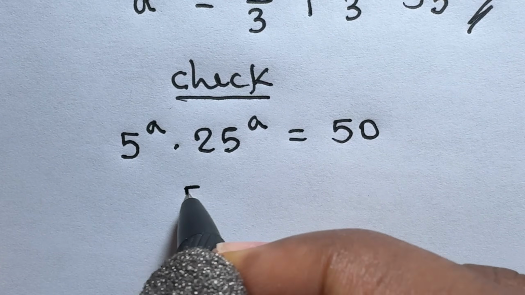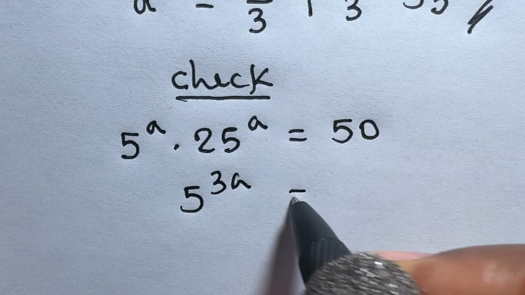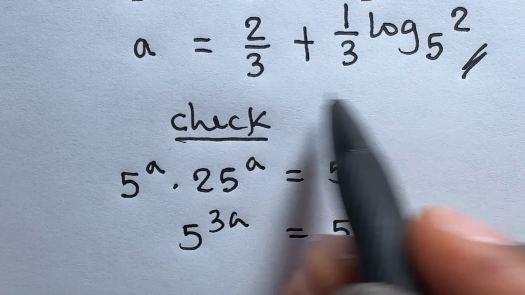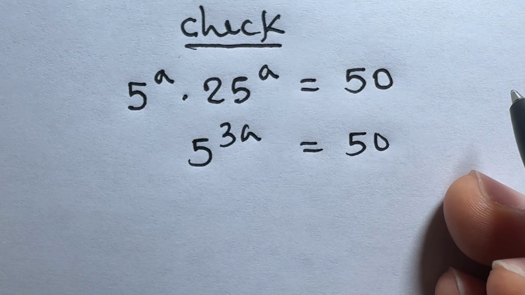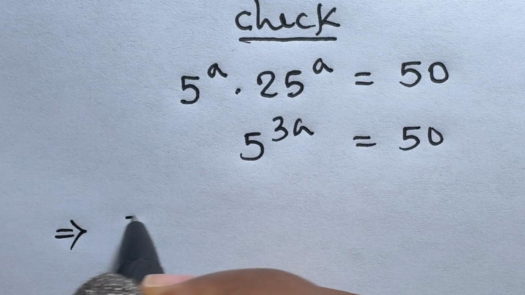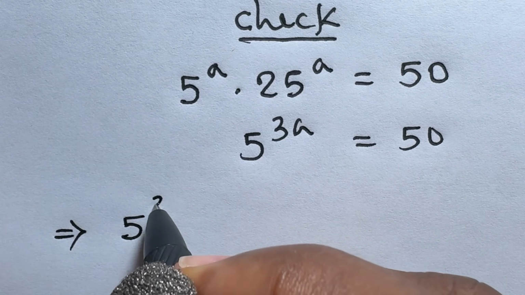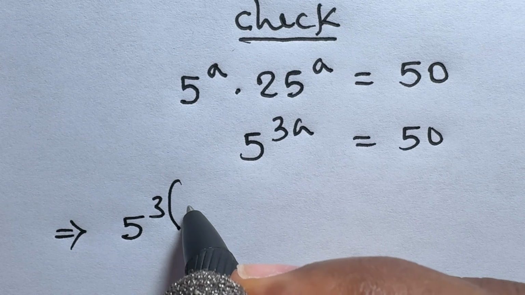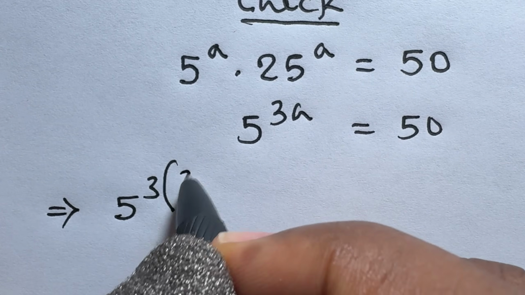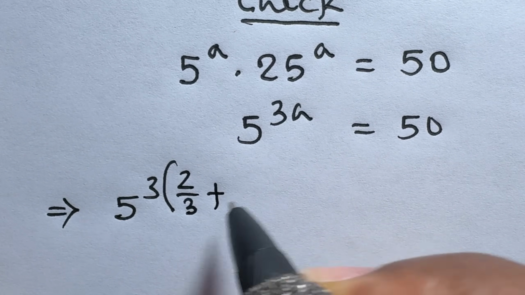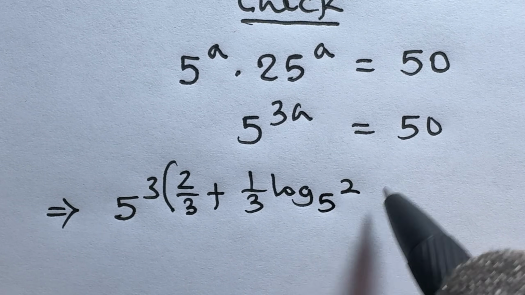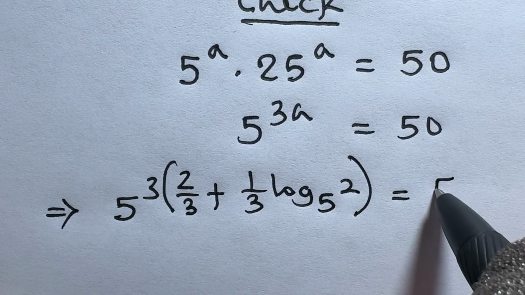This here gave us 5 raised to power 3a equal to 50, and then in place of a here we can substitute this value, which would then imply 5 raised to power 3 times a, that is 2 over 3 plus 1 over 3 log 2 base 5, to give us 50.